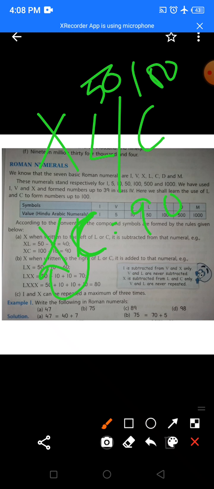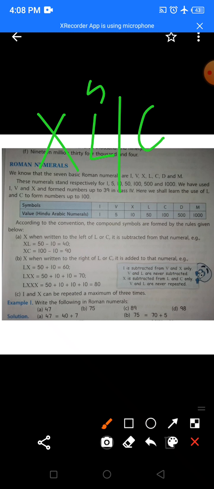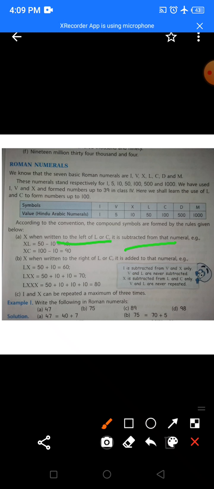You will write in your notebook: when the numeral is written to the left, you should subtract it. When a number is written towards its left, you should subtract it, in Roman numerals only.